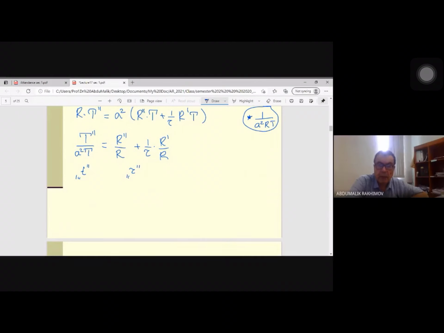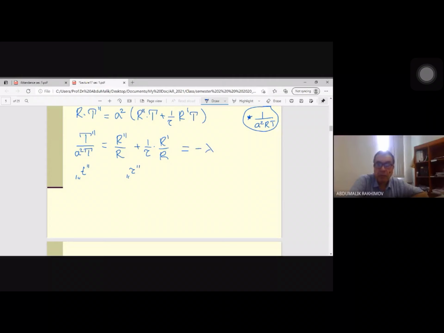Radius and time are independent variables, so these relations must be constant. You can simply fix t; then the left side will be constant. Then you try to change r, but the right side, a function of r, cannot change because it is bounded by this equation. So this is constant. This constant, for convenience, let me denote by minus lambda as usual.